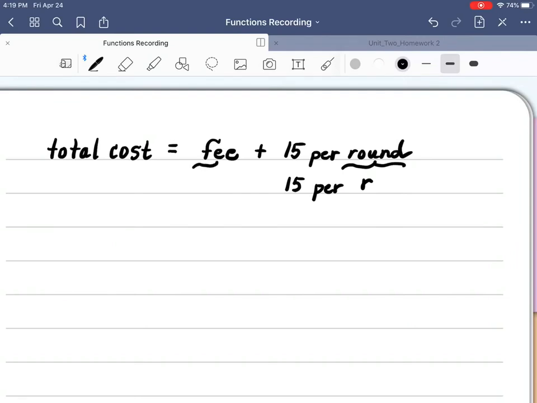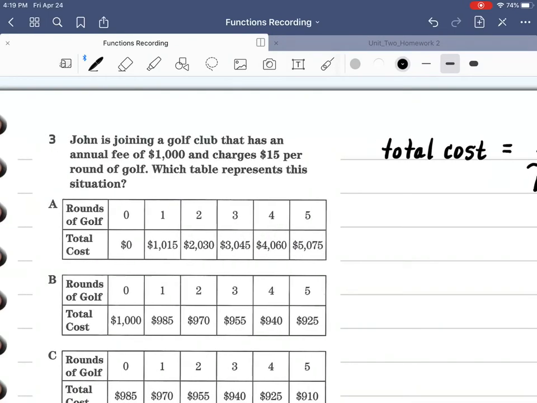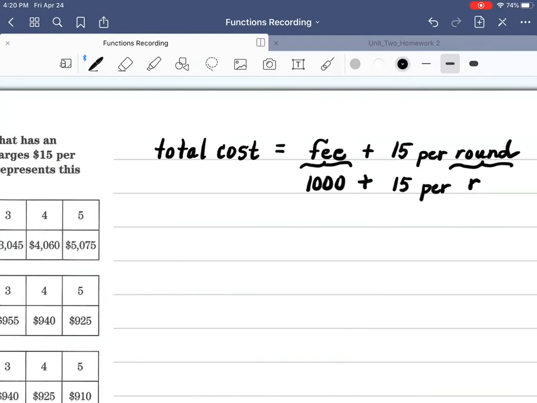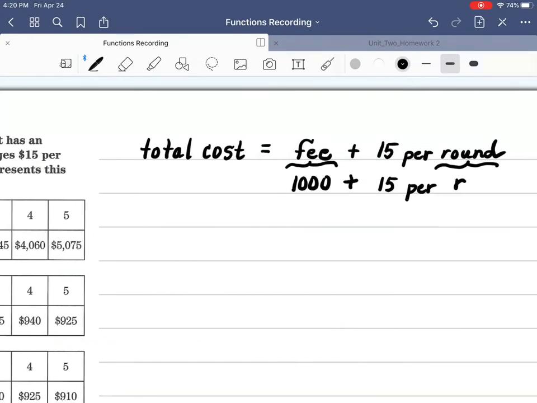Now we know the fee is $1,000 a year, and I know that because it says so. An annual, that means yearly, fee of $1,000. So his total cost is based on the rounds of golf he plays. It depends entirely on the number of rounds he plays. If he plays 1 round, it's not going to be much more than the fee.